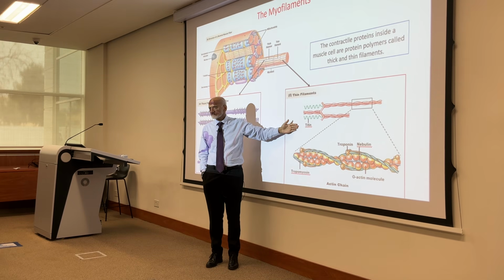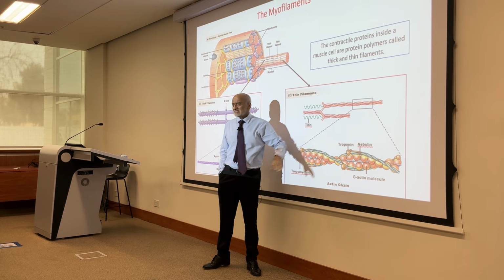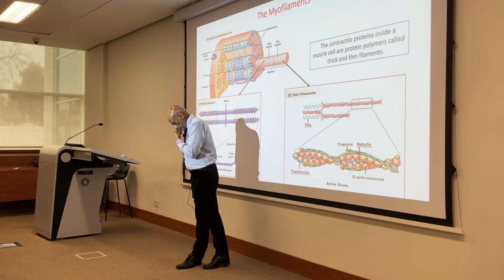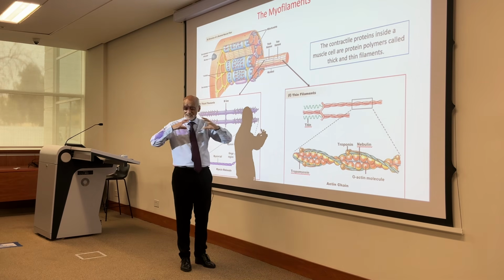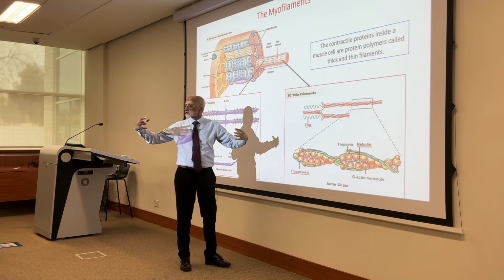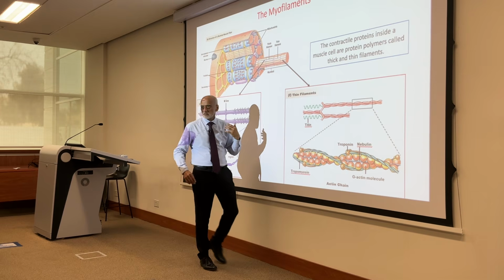There's the Z line, and that's the actin. It's a double helix protein that's attached to the Z line, and it extends into that one into that cell, this one into this cell.